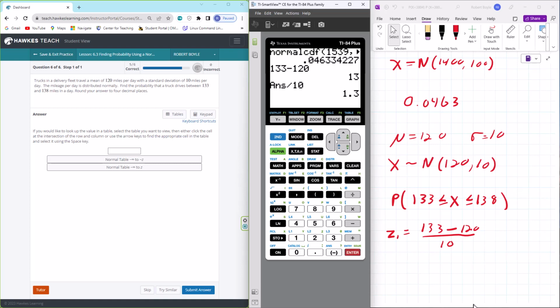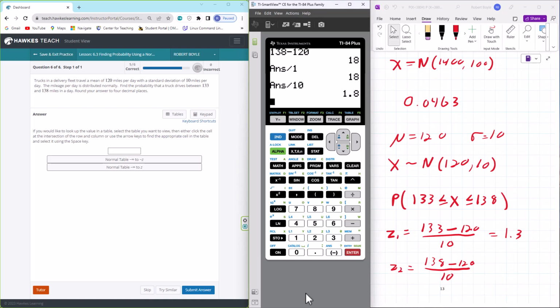So z1 is 1.3. z2 is equal to 138 minus 120 divided by 10. 138 minus 120 divided by 10, there we go, 1.8.